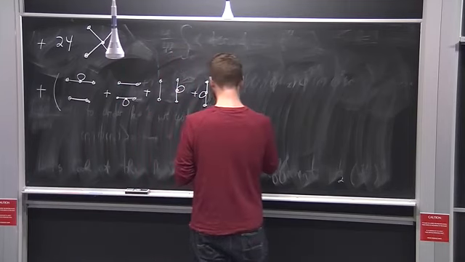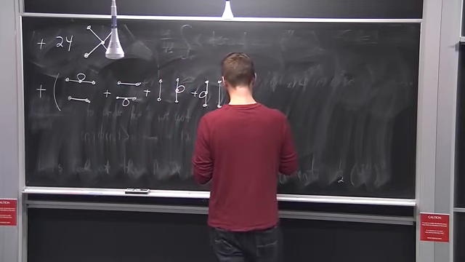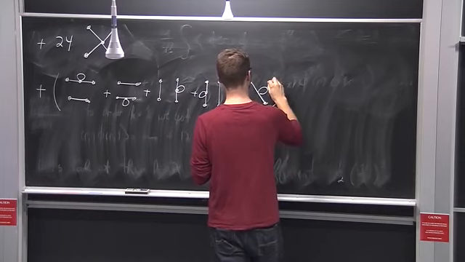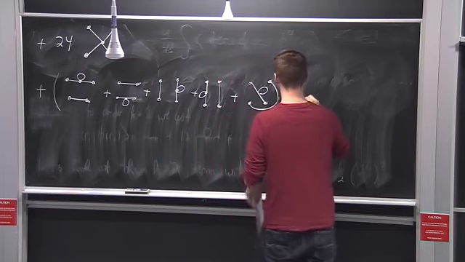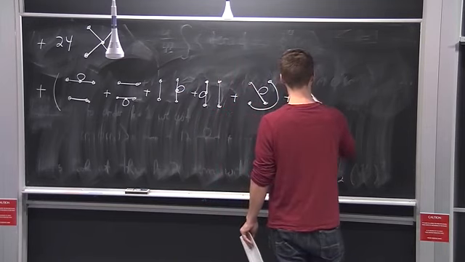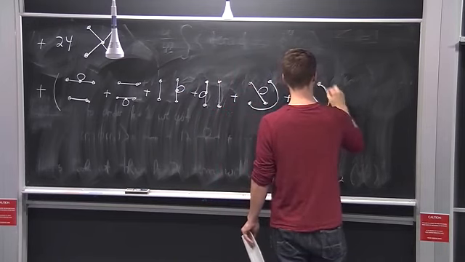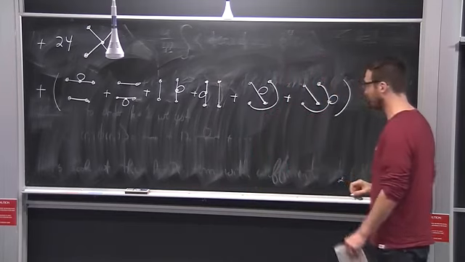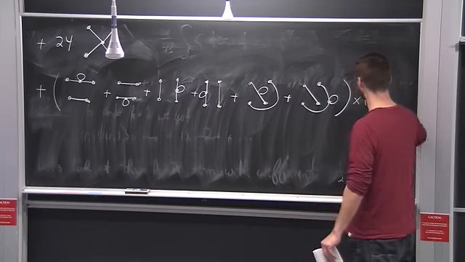One, two, three, four. Let's see. Oh yeah, and I got to connect through the diagonal. And then the other diagonal. Something like that. So each one of those occurs 12 times.